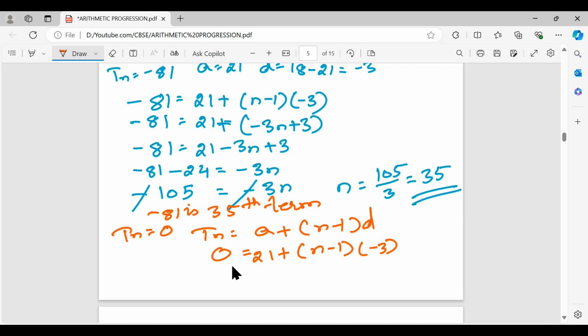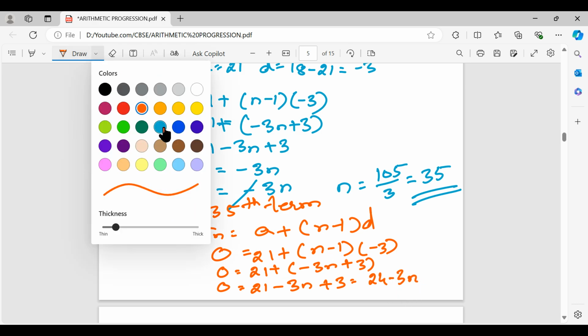So you get 21 plus minus 3n plus 3. So you will get here 21 minus 3n plus 3, and that will be 24 minus 3n. Now we change the sides.